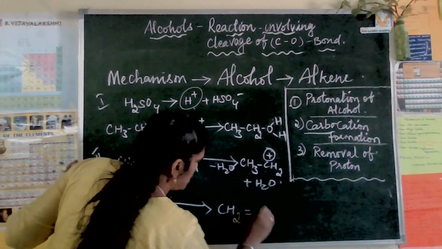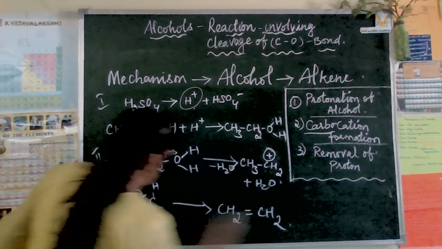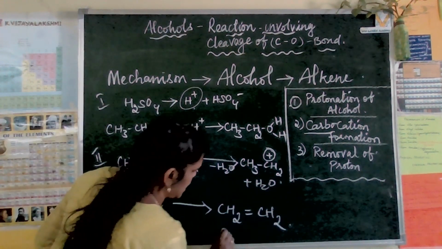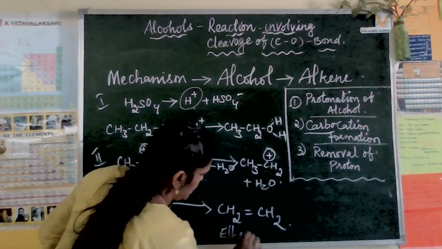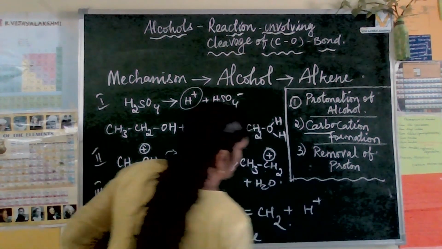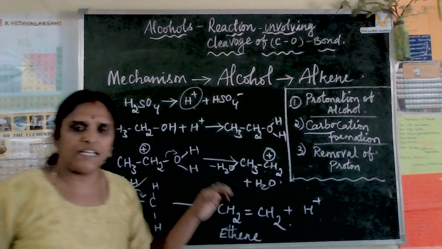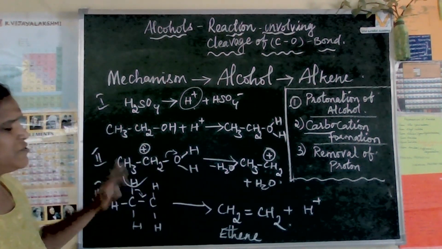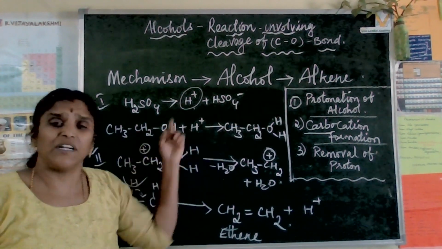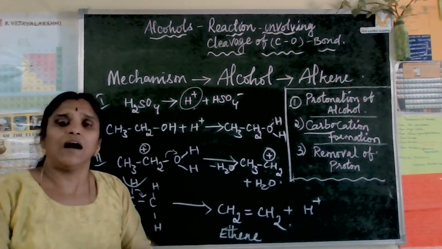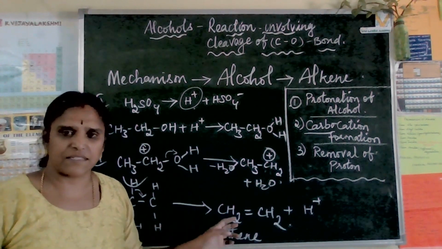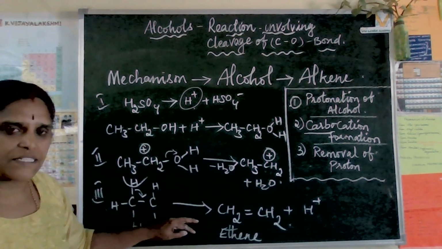CH2 double bond CH2, ethene. Then you will get H plus ion, removal of proton. So these are the 3 important steps for the 3-mark question, alcohol to alkene. Like tug of war, alcohol to alkene, alkene to alcohol, number of times they ask this question. Hope you're clear with this.